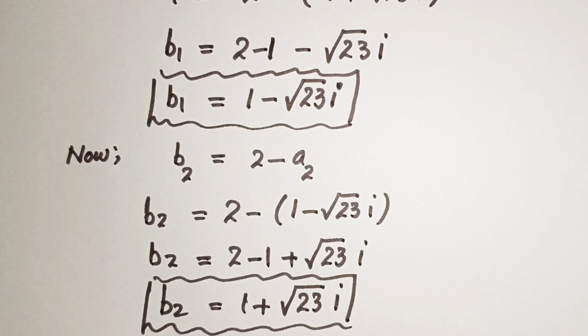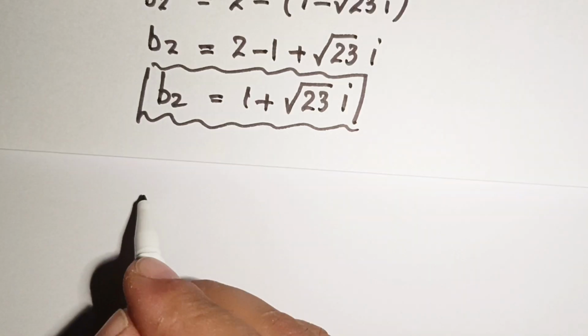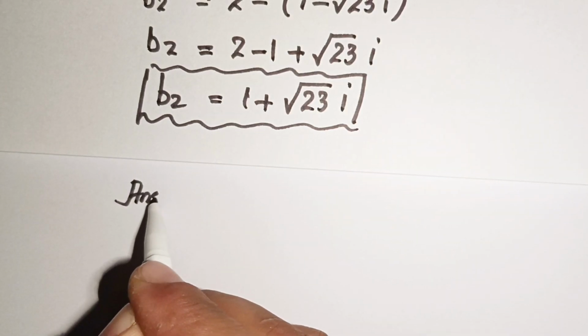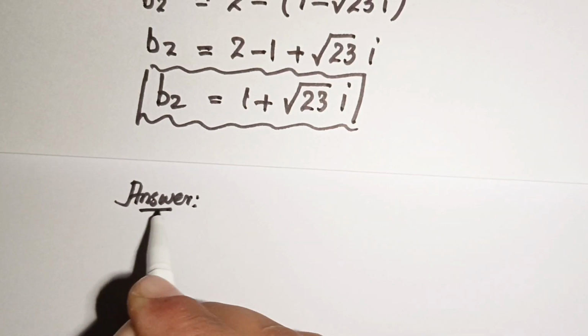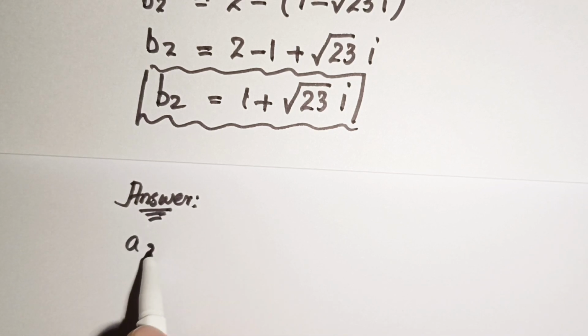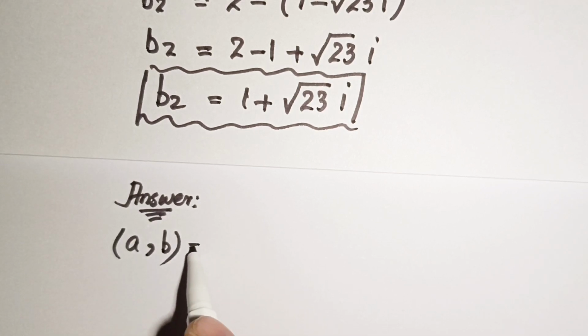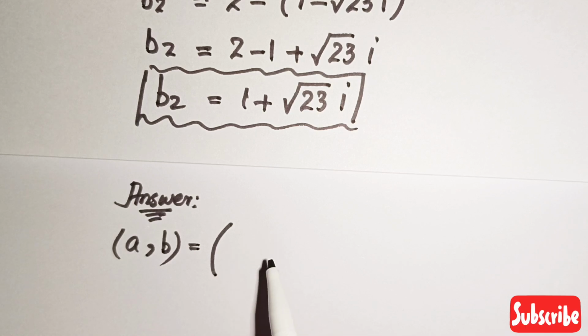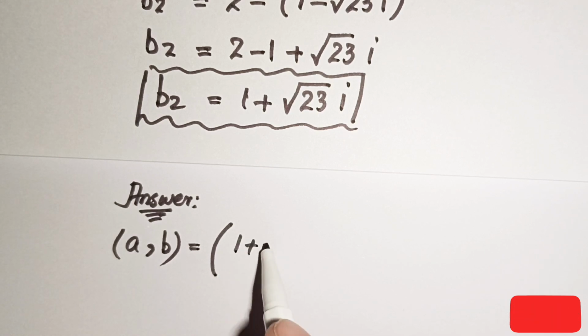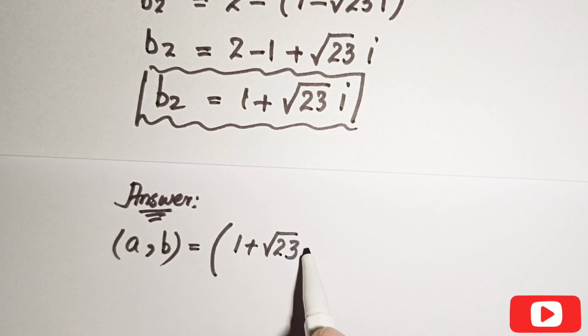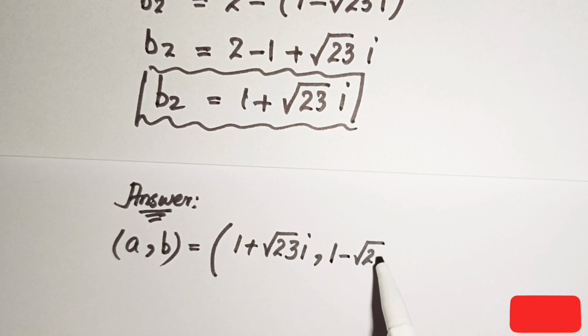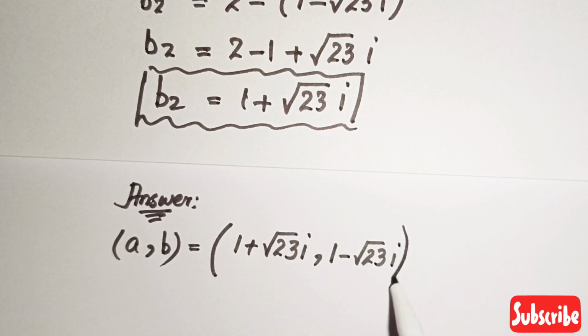Now we are going to just write here the values of a and b. So here our answer is that we have the values of a and b: a1 is 1 plus square root of 23i and b1 is 1 minus square root of 23i.